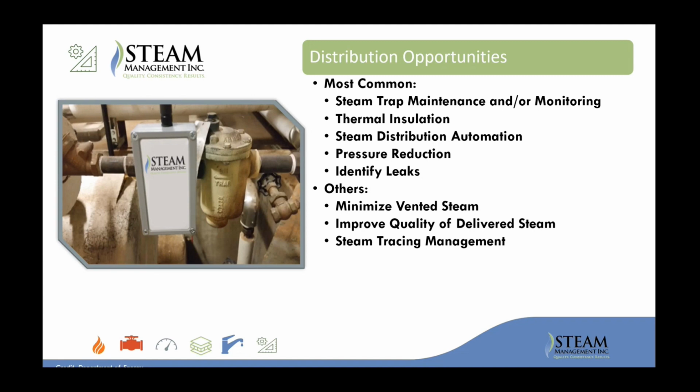Then thermal insulation is another big one. Uninsulated steam components are a big waster of energy, and as the heat is lost, that generates more condensate in the system, which can lead to more water hammer and cause reliability issues or premature failures on equipment as well.